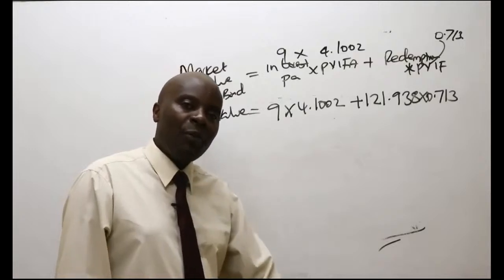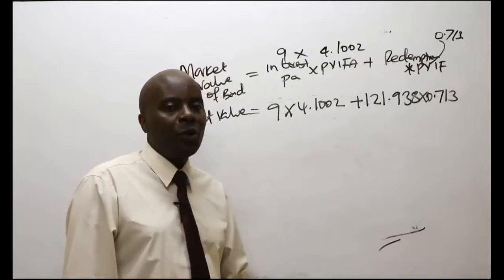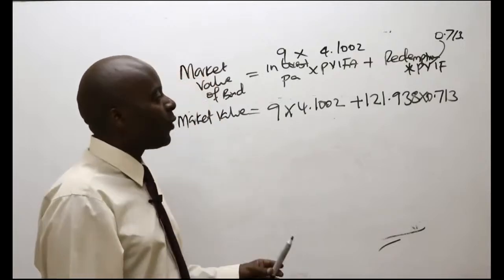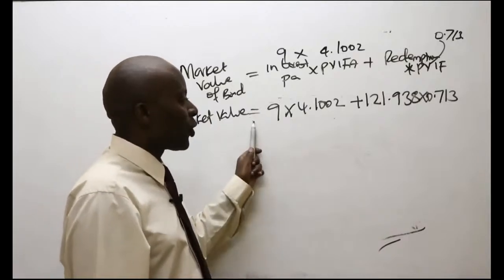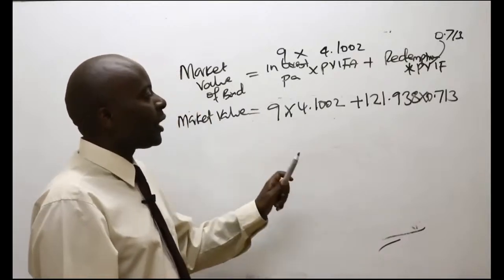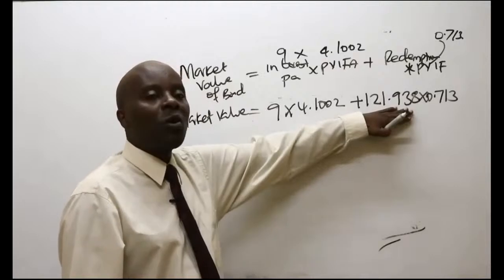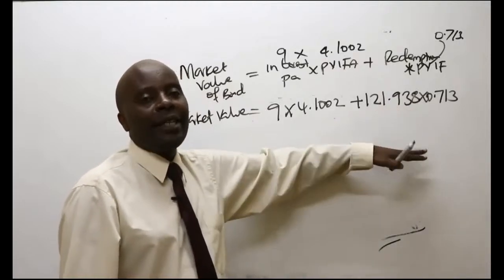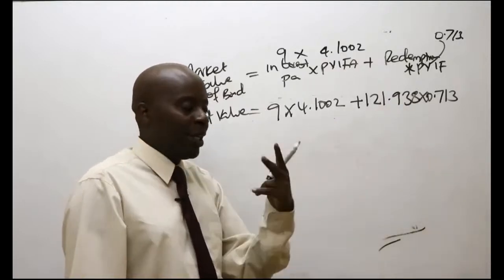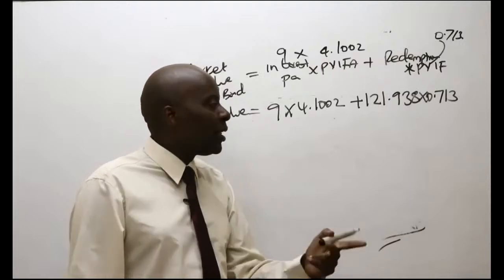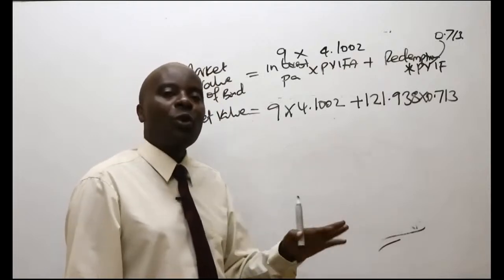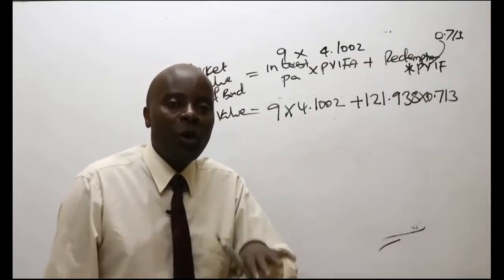The floor means lowest. The only difference between this and the floor value is that for the floor value, we shall consider the lower redemption amount. Remember, we had a choice to work with either 100 or 121. So for floor value, you work with 100.